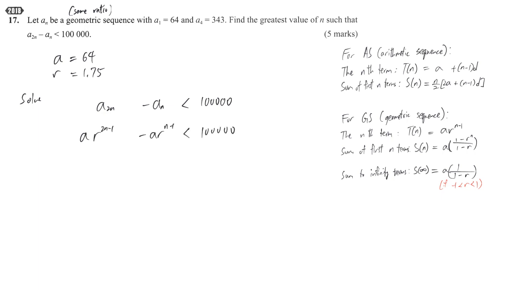Then we substitute the values: 64 times 1.75 power of 2n minus 1, minus 64 times 1.75 power of n minus 1. I think the 64 is too troublesome, so I divide both sides by 64. Dividing both sides by a positive value will not change the direction, so it's still the same.